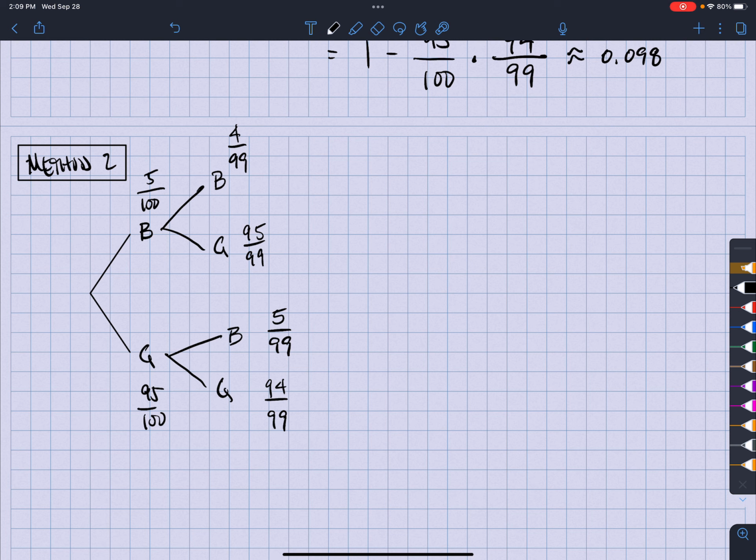So if we look at this combination, we have bad, bad, we have bad, good, we have good, bad, and we have good, good, right? So if that's the case, to find these probabilities, we would go bad, bad would be 5 out of 100 times 4 out of 99.